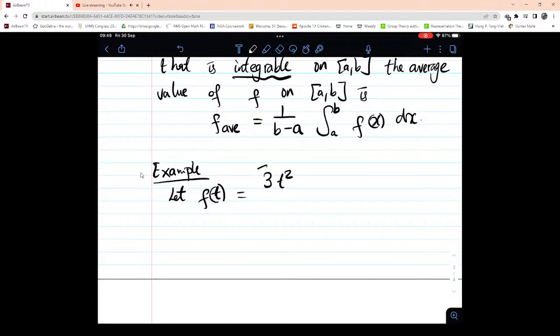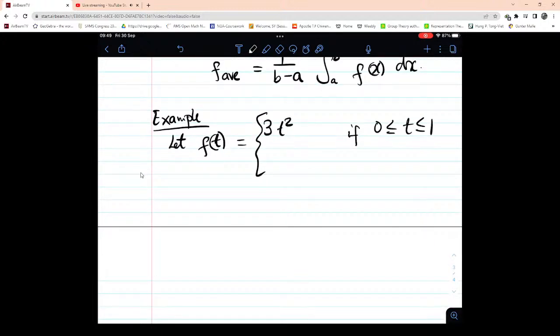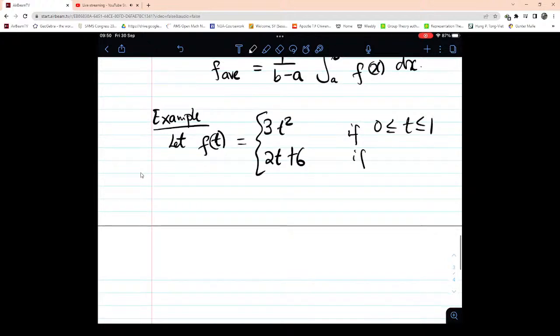So it's 3t squared if t is between 0 and 1, inclusive of 1, and then 2t plus 6 if t is between 1 and 2, we define it like that.